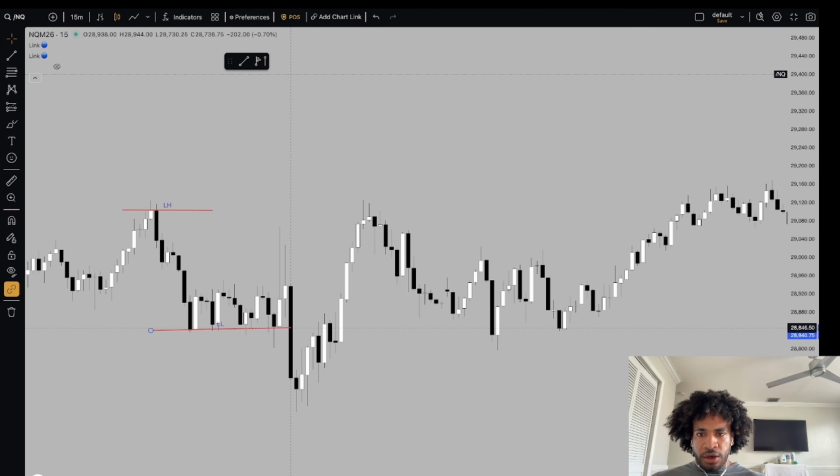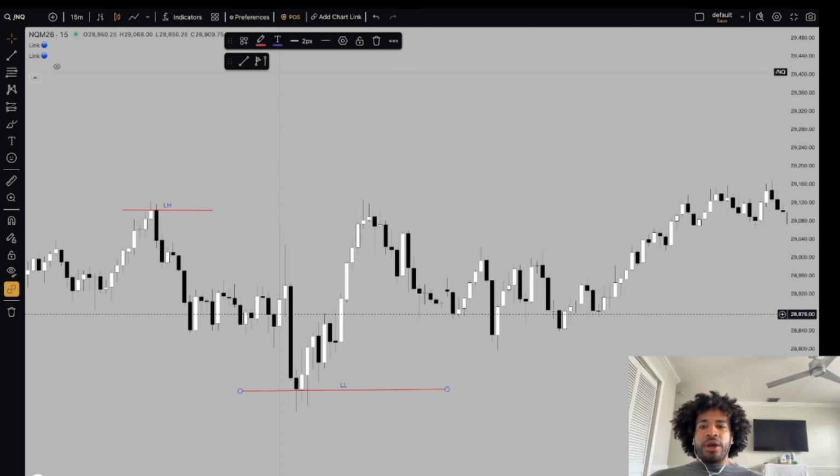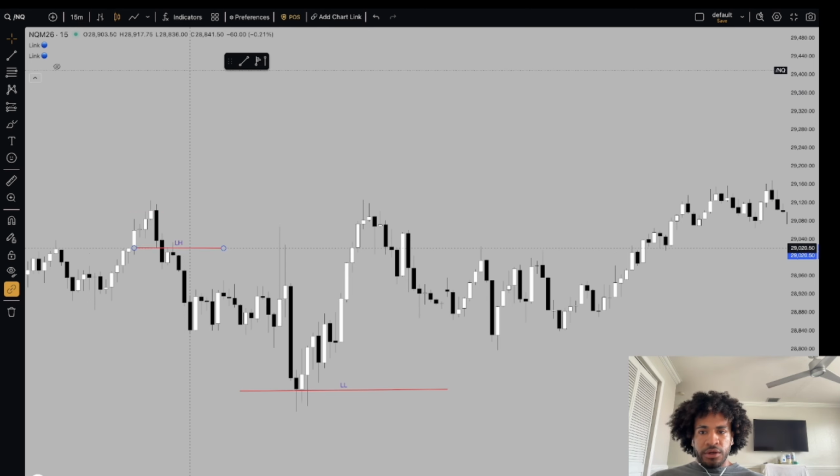Now, this was our lower low before all these candles were made, right? Now, this is our new lower low, the last low before we go low, low, low. Where does this lower high go? Does it go 1, 2, or 3?